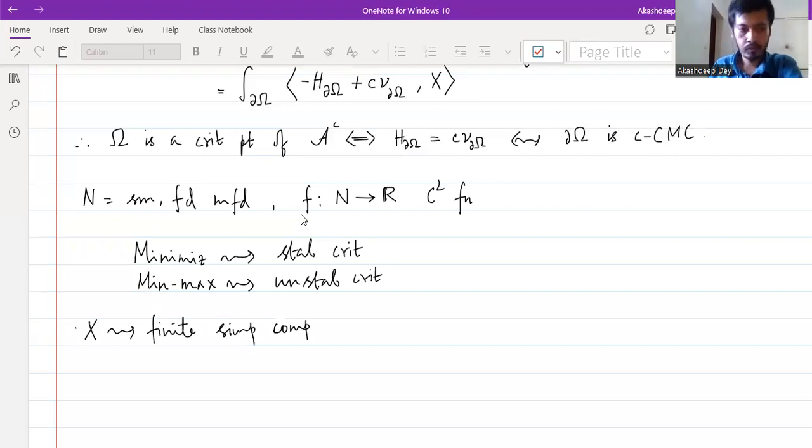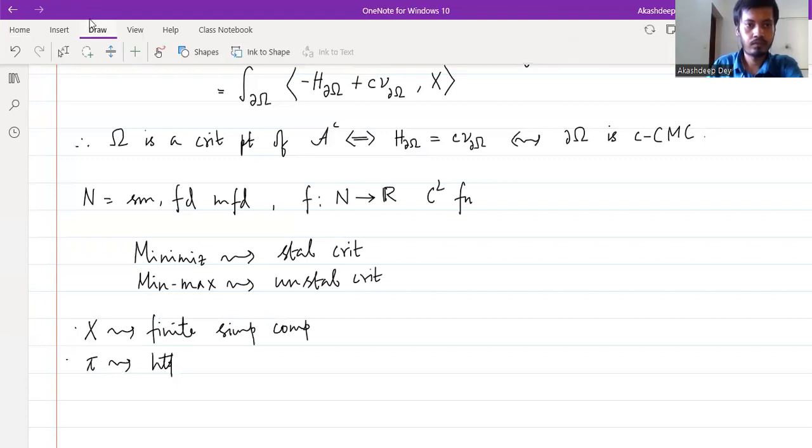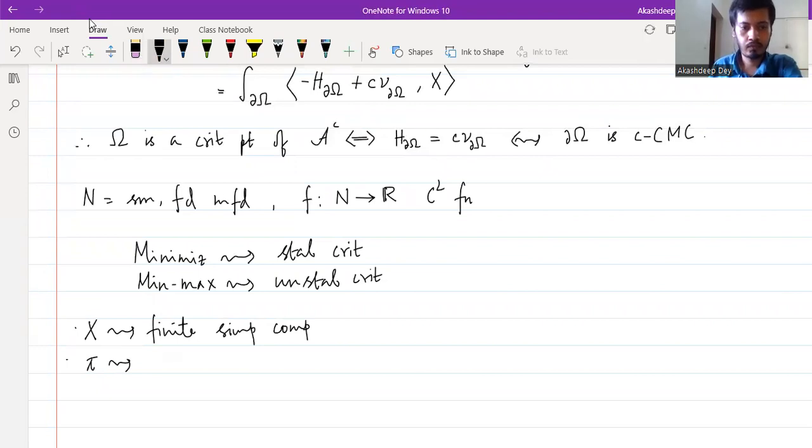And let Phi be a homotopy class of maps from X to N.